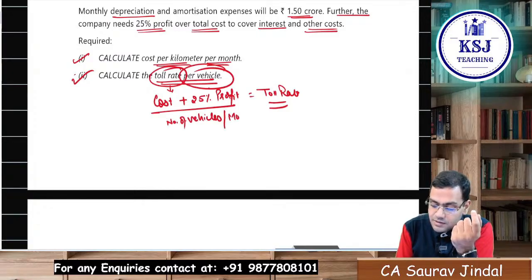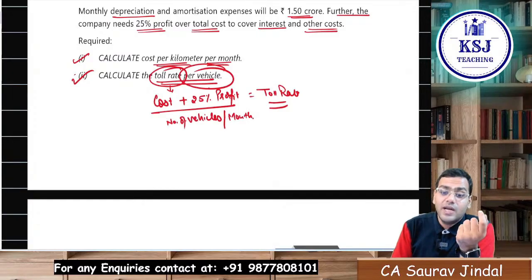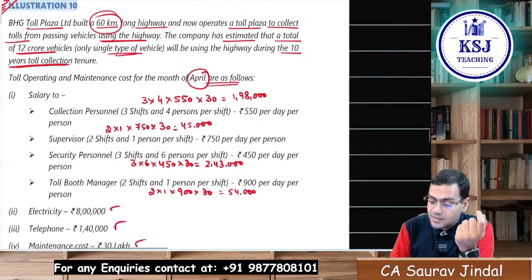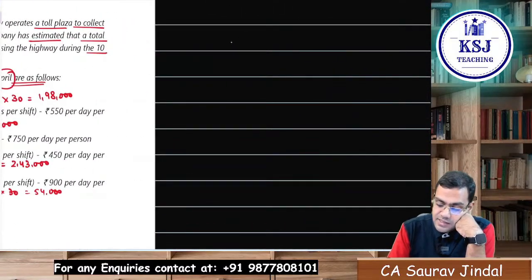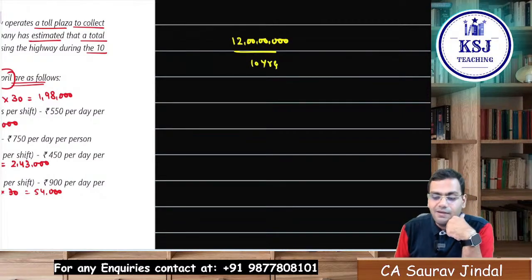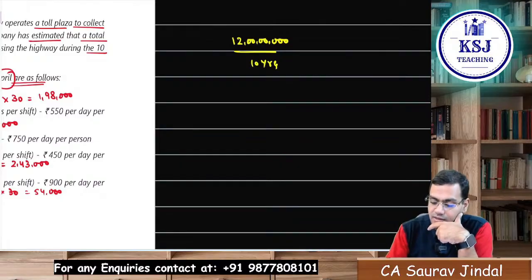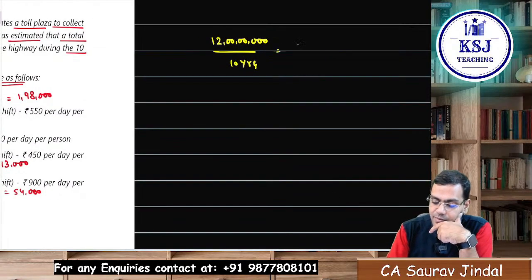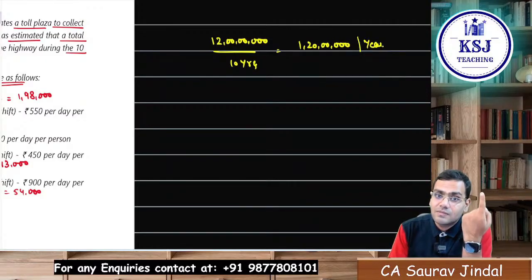per month. So you will have to calculate how many vehicles will be there per month. How will you calculate, sir? He says 12 crore vehicles over a period of 10 years. So I will divide it by 10 years, right? That will give me 1 crore 20 lakh vehicles in 1 year, per year. I needed for 1 month.